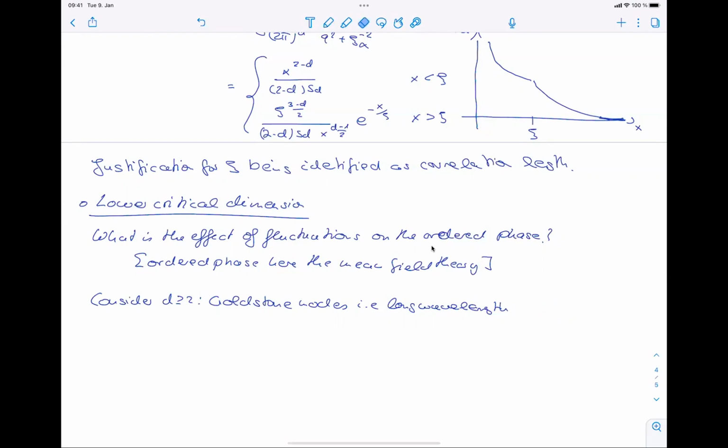It's a continuous symmetry breaking, that are easily excited by thermal fluctuations.